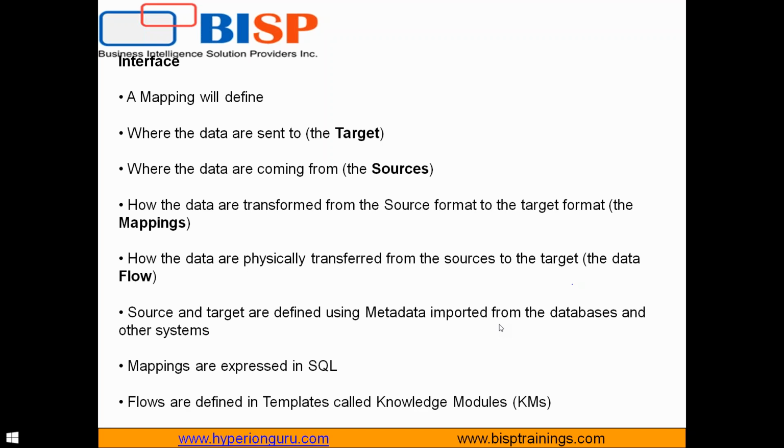Earlier we used to call it the interface in the earlier versions of ODI. From version to version there are changes, and ODI 12c came up with some of the changes. This is one of them. We call it a mapping. Earlier we used to call it an interface. For those who are working on migration projects or upgrade projects, for your benefit, interfaces are called mappings in ODI 12c.